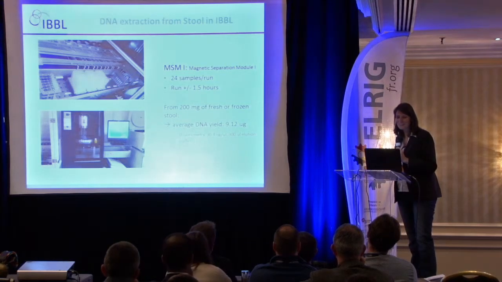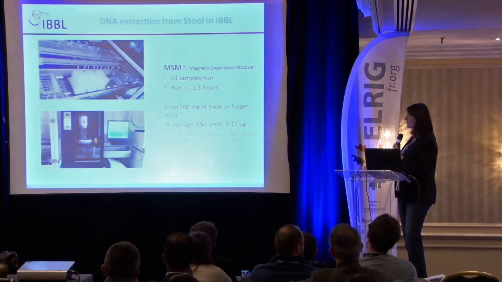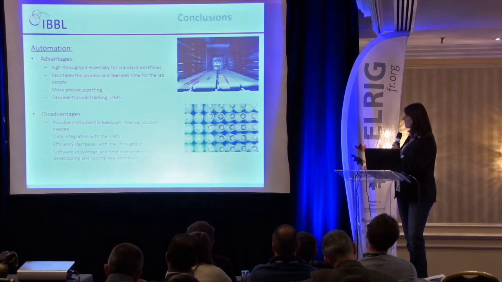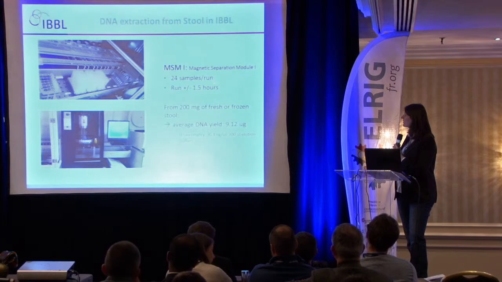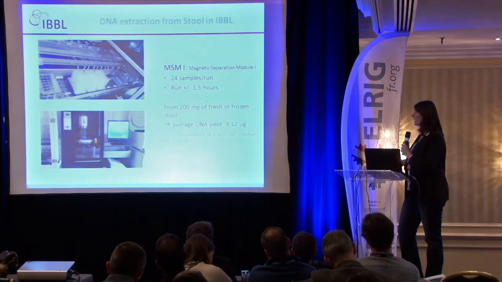It's one of the last slides. So for the DNA extraction from stool in IBBL, our standard operating procedure is now that we use the MSM I, 24 samples per run. It approximately takes 1.5 hours to run.